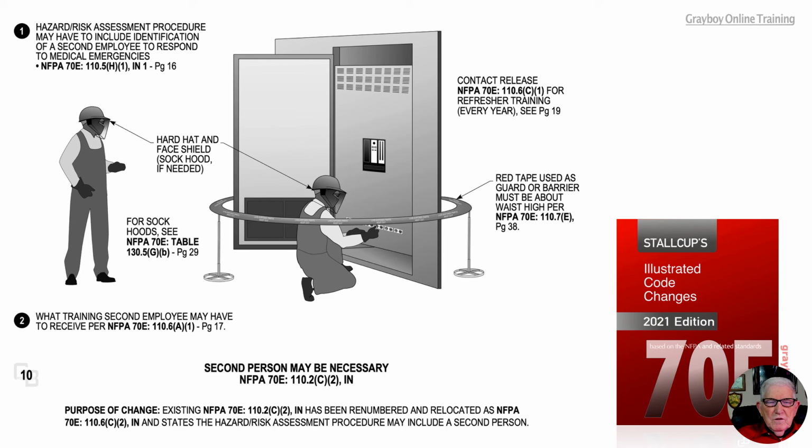This illustration deals with a second person, where a second person may be necessary, and this is in accordance with 110.2C2 informational note. And of course, this was in the previous edition of the 70E document.